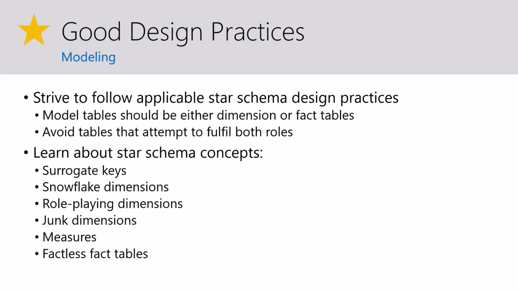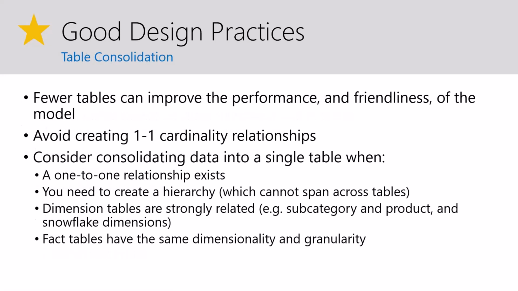Junk dimensions I haven't covered, but read about them. They're a way of consolidating lots of small dimension tables into a single dimension table. For table consolidation, probably avoid having one-to-one cardinality relationships in your model, like product and product list price. Far better to consolidate them and reduce the number of tables that your model needs.